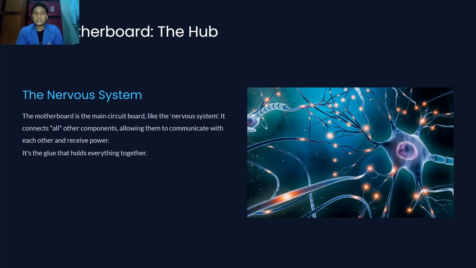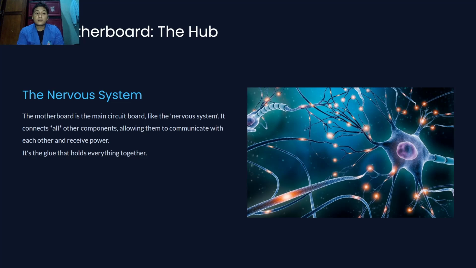The first thing is the motherboard, or the hub. We can compare it to the nervous system inside our brain, but in the PC itself. The motherboard is the main circuit board, like the nervous system.